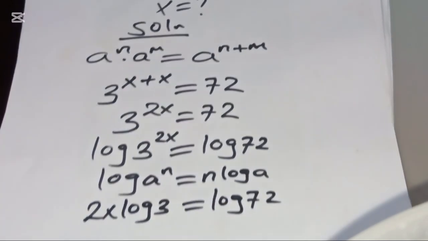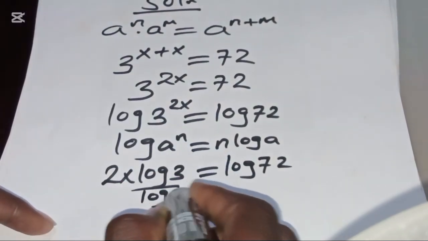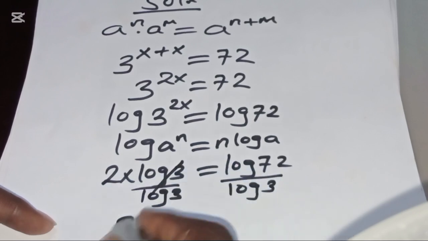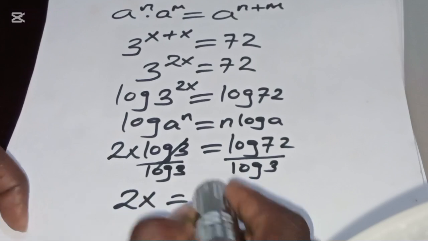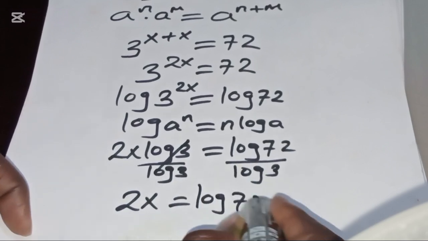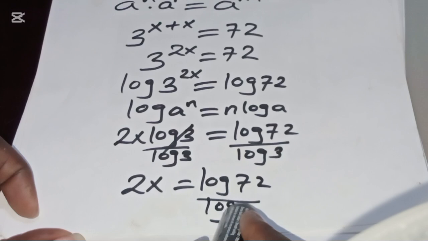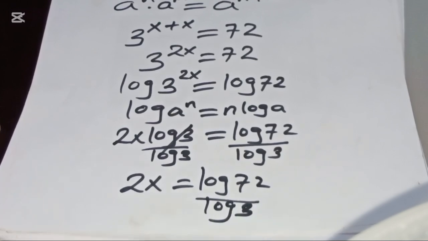So let's divide both sides by log 3, so that now we'll have 2x equal to log 72 divided by log 3. Okay, so let's proceed.